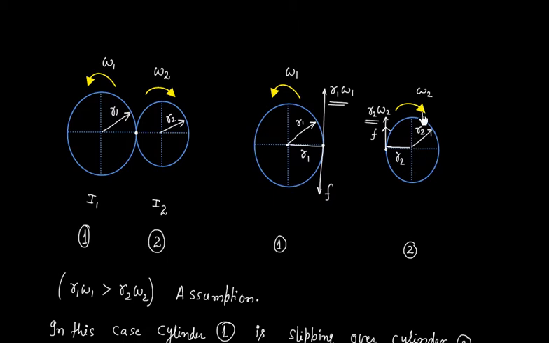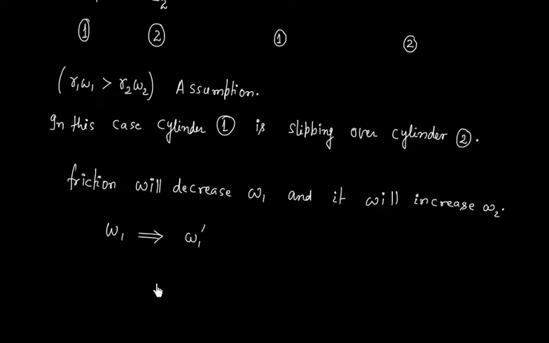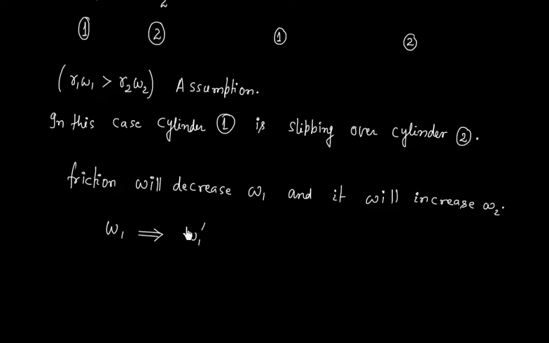That is, it will increase omega 2. So omega 1 decreases, and after the decrease it will become omega 1 dash. Omega 2 increases, and after the increase it becomes omega 2 dash.